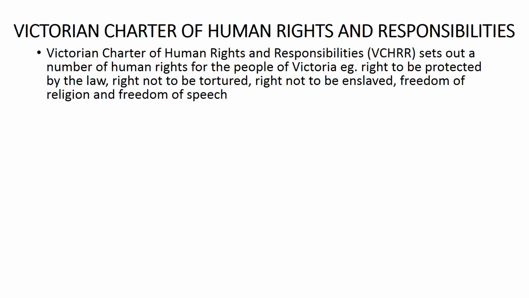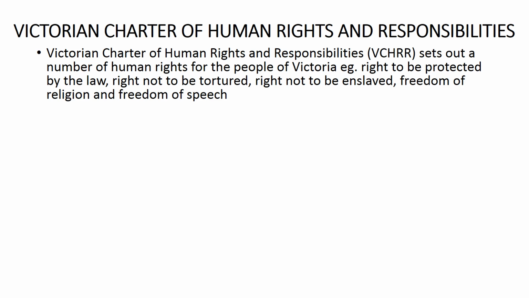In Victoria, we have a very important statute or act which sets out a number of human rights for the people of Victoria. This statute is called the Victorian Charter of Human Rights and Responsibilities. The rights which the Charter contains are largely modelled on the rights contained in the International Covenant on Civil and Political Rights, which we look at briefly in the fourth video.